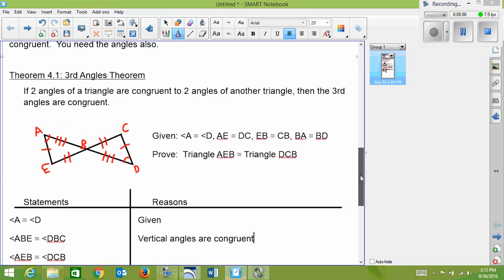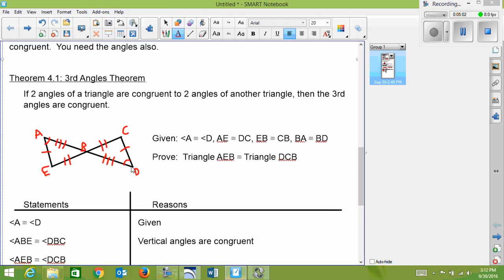So then from there, we've proven these two, and the two that are left are the E and the C corner. And so AEB is going to be congruent to DCB. How do we know that? What's the rule we can use? We can use the third angles theorem, the one that I just defined: if you can prove that two angles are congruent, then the third ones have to be.